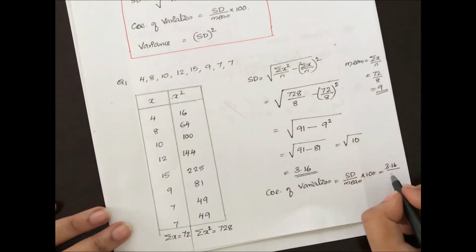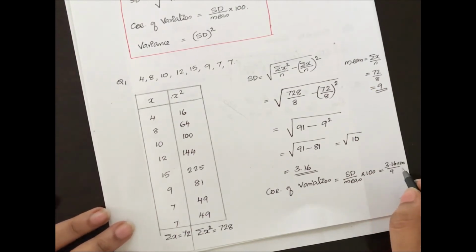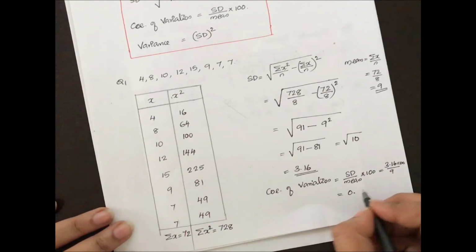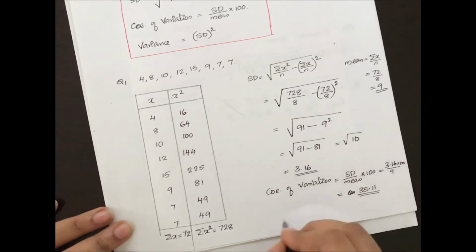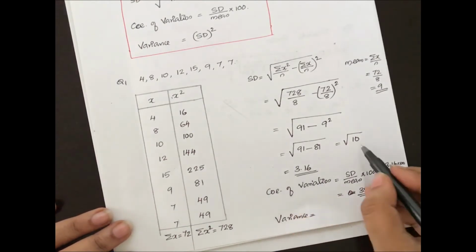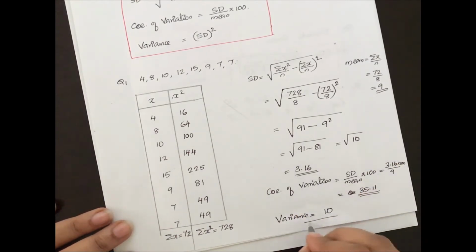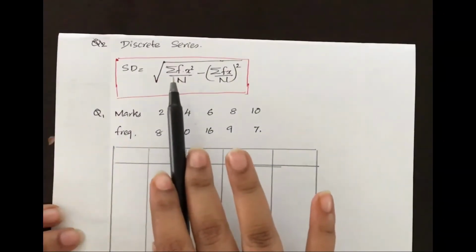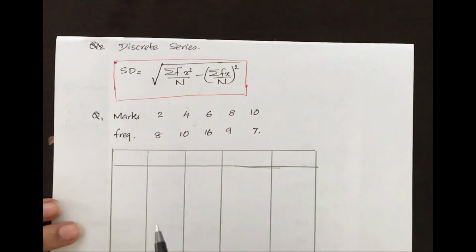So 3.16 divided by 9 into 100, we get a coefficient of variation of 35.11. Then variance is the square of standard deviation. 3.16 squared is 10. So variance is 10.